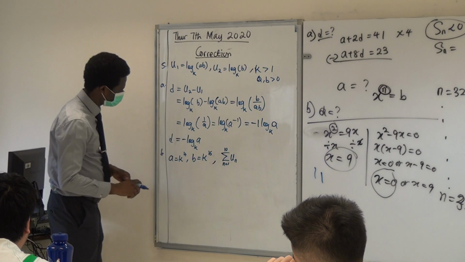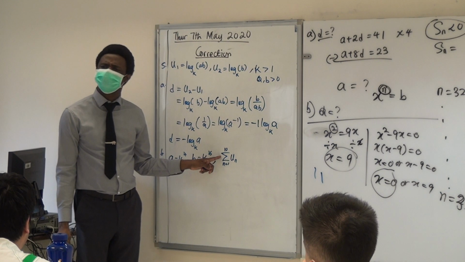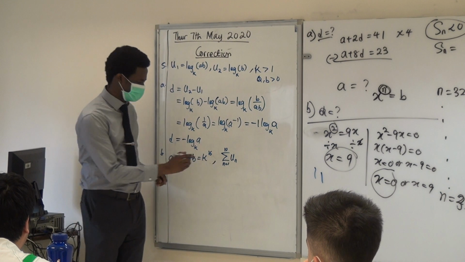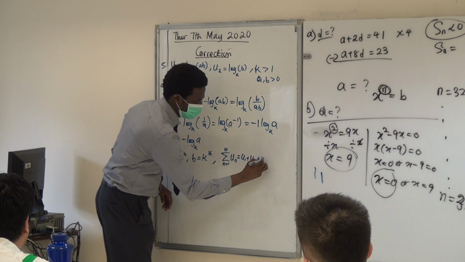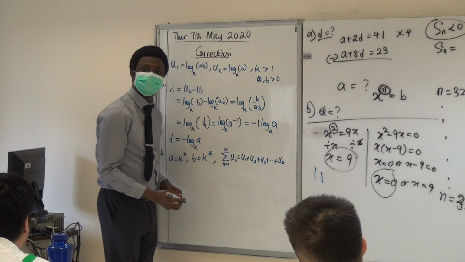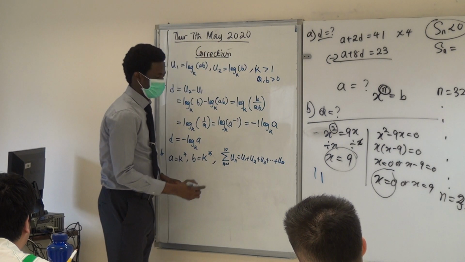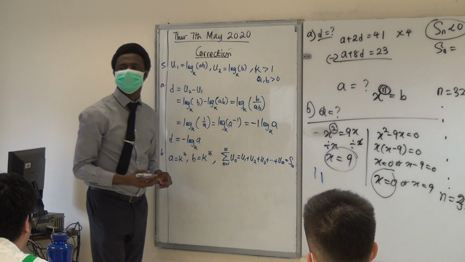Okay, let's move on. Have I ever mentioned sigma in this class? Yes. So it means summation. Basically, this means U1 plus U2 plus U3, and you continue, you don't stop until U10. So this simply means S10.